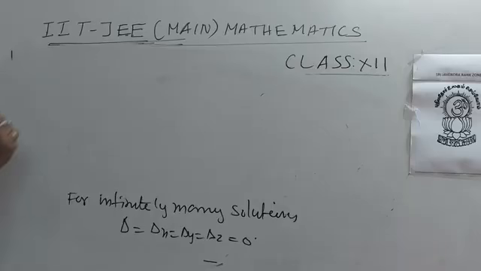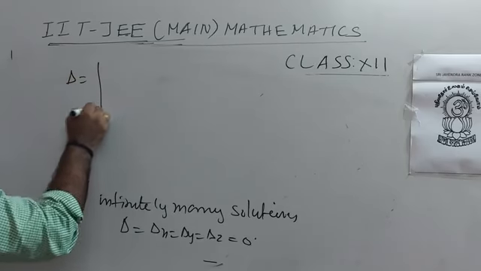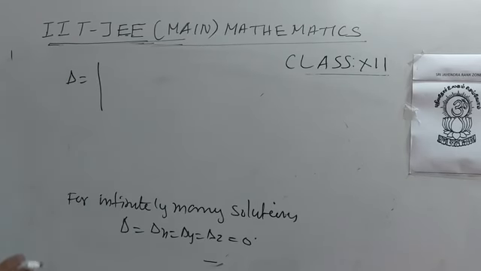To form delta, taking coefficient of x in the first column, coefficient of y in the second column, coefficient of z in the third column.